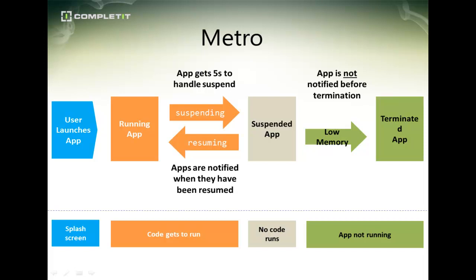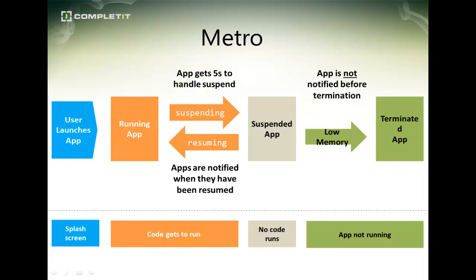The application gets 5 seconds to handle suspend. So we're suspending. We can suspend an app at this point. When apps are in the suspended state, no code is actually being run. Apps are notified when they have been resumed, and then you go back to a running application.